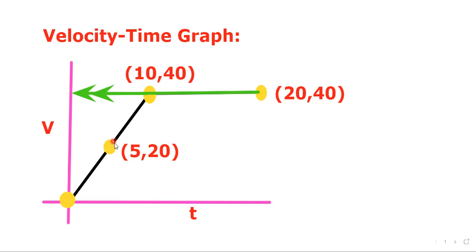Similarly, if we consider the object from this point to this point, you can see the time is changing from 5 to 10, and there is an increase in velocity from 20 to 40.